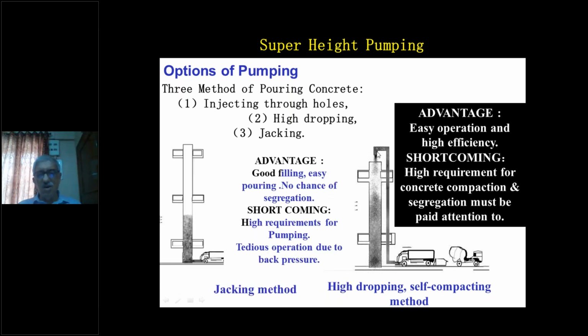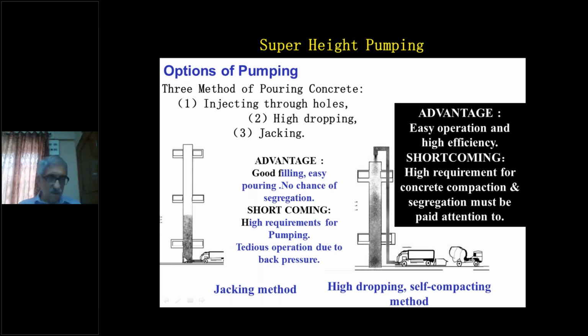The advantage of dropping is that it is an easy operation, but segregation needs to be taken care of by lowering the hose pipe right down the throat of your form. The other is pumping.